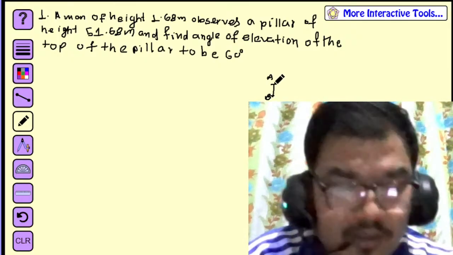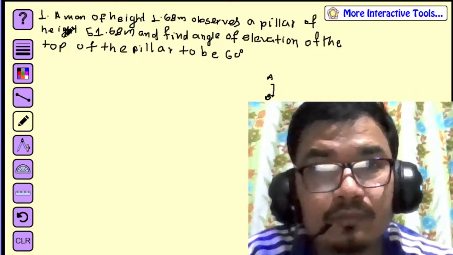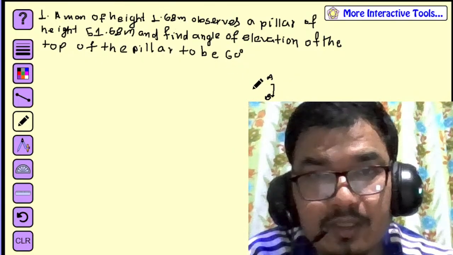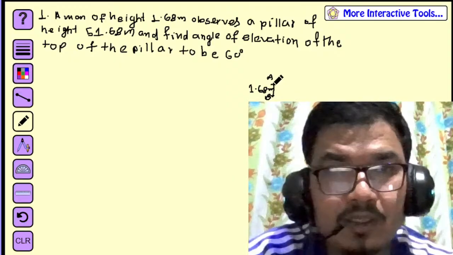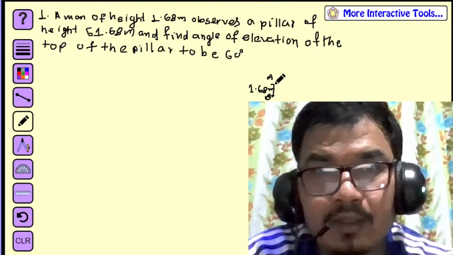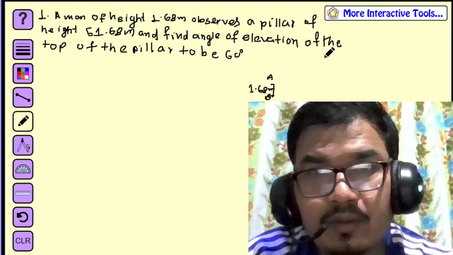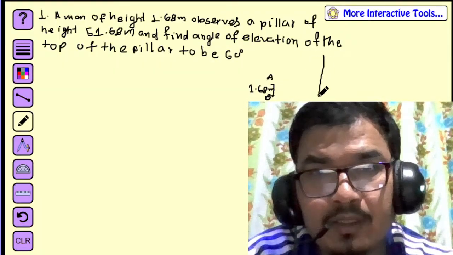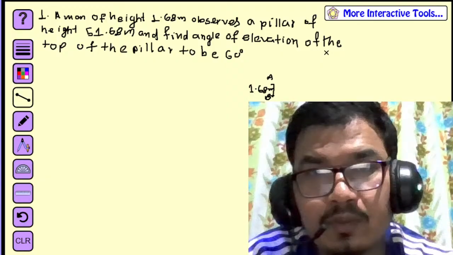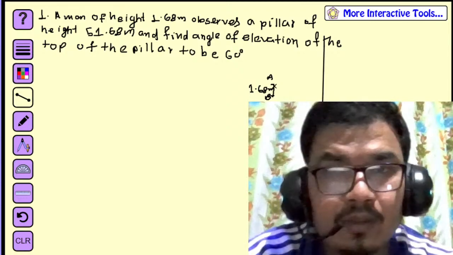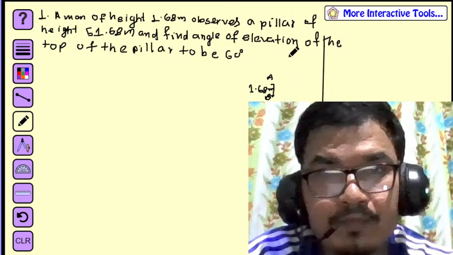Then this AB, its height, is given 1.68 meter, right? Here, write 1.68 meter. This is the height of the man. And now here we have to draw another straight one, like this: the pillar.